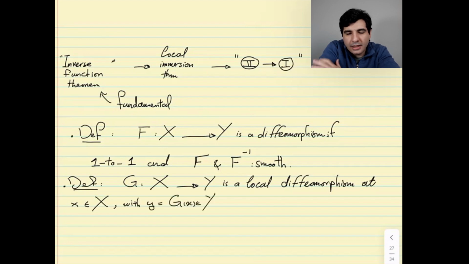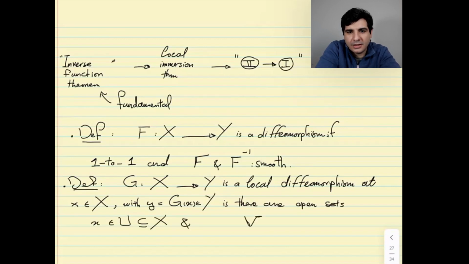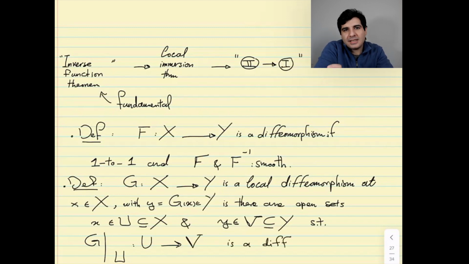We say G is a local diffeomorphism at X if there are two open sets U and V, where U is an open subset of X containing the point X, and V is an open subset in Y containing the point Y, such that if we restrict G to this open set U, we get a map from U to V, and this map is a diffeomorphism. So in other words, G doesn't have to be a diffeomorphism, but if you make its domain very, very small around X, you would get a diffeomorphism.